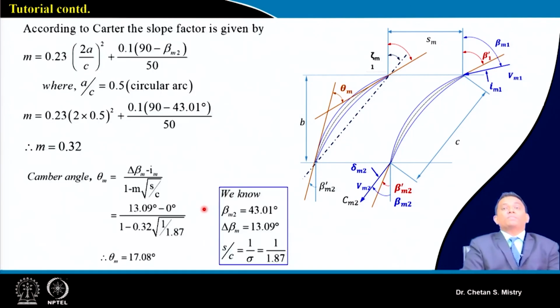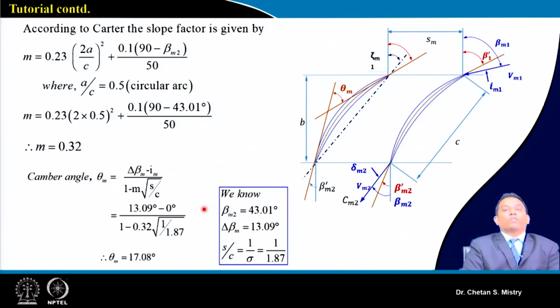Now once these parameters are known to us, we are interested in calculating the aerofoil parameters. For calculation of aerofoil parameters, we need to calculate Carter's parameter, that is the slope factor m.